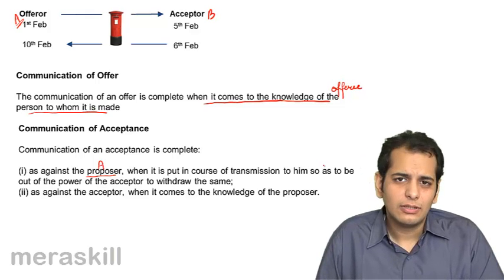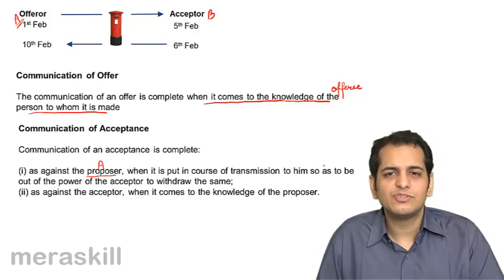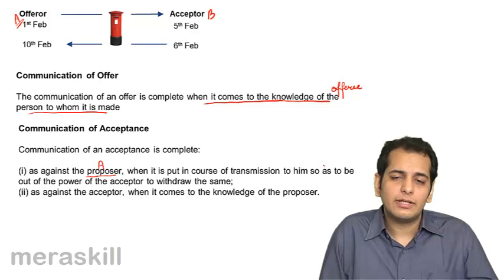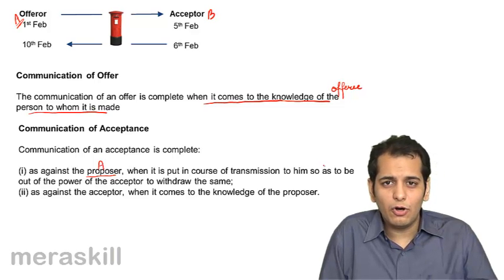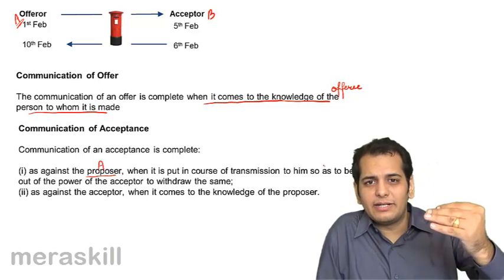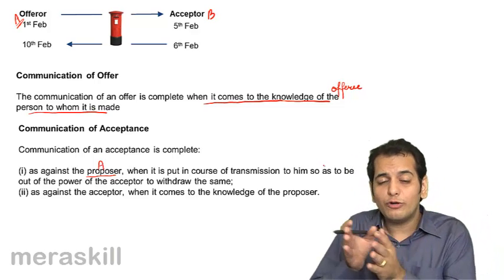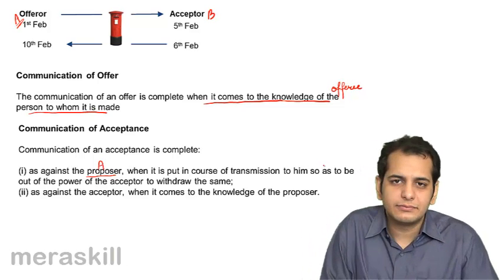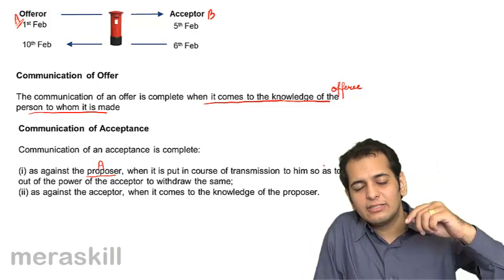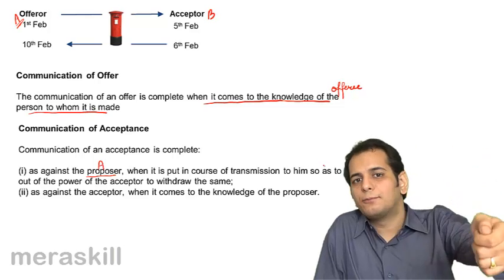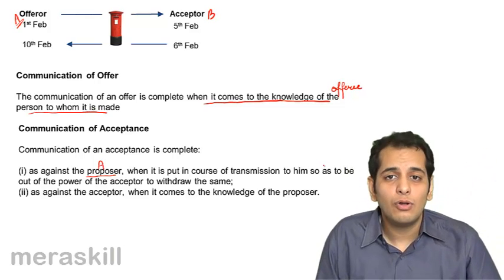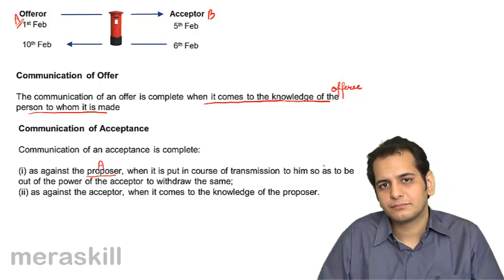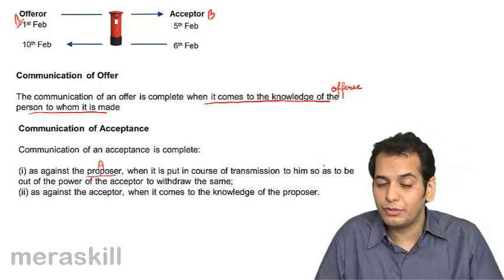Now, why should communication of acceptance be complete for A when B posts the letter? Because when B posts the letter, he will be out of the power to withdraw it, to cancel it, to revoke it. Once he has handed over the letter to the postal authorities, he'll not be able to take it back, to withdraw it, or to revoke it.